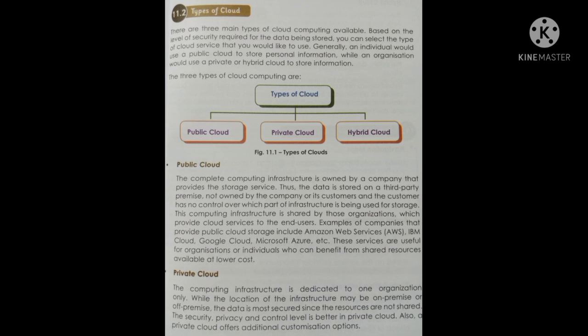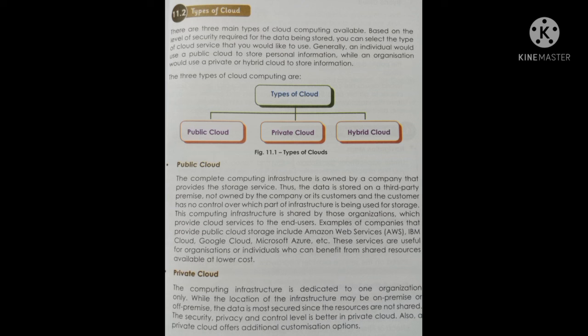Now next we are going to see the second type of cloud, the private cloud. The computing infrastructure is dedicated to one organization only, while the location of the infrastructure may be on premise or off premise.